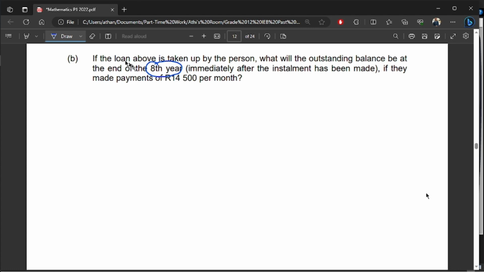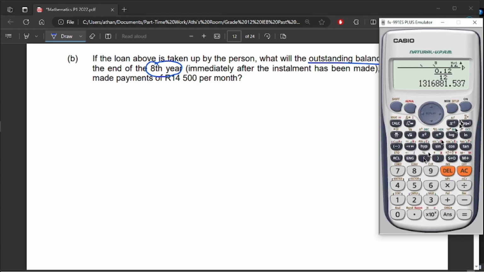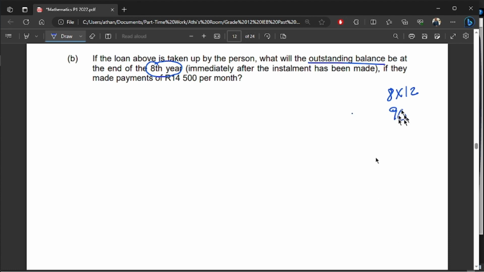So 8 times 12 is going to be 96. That means at the end of the 96th payment, keep that in mind, this is our new n. What will the outstanding balance be? That's what they are asking.